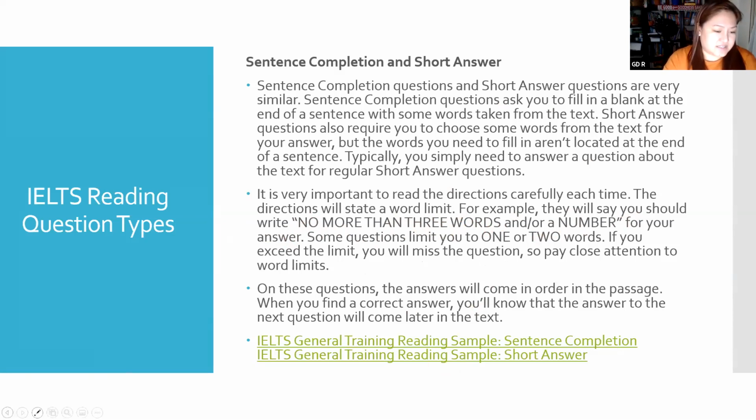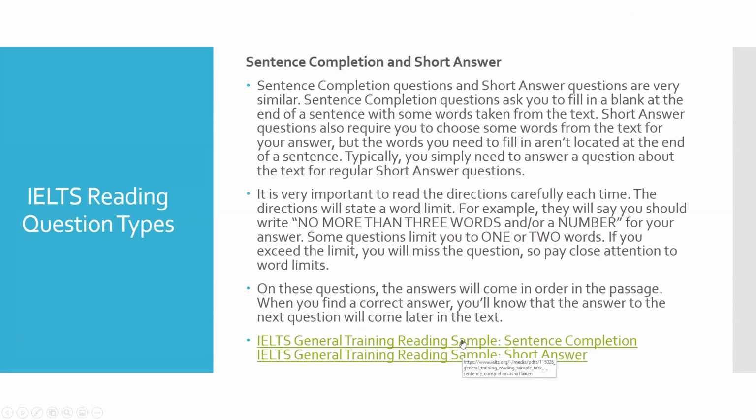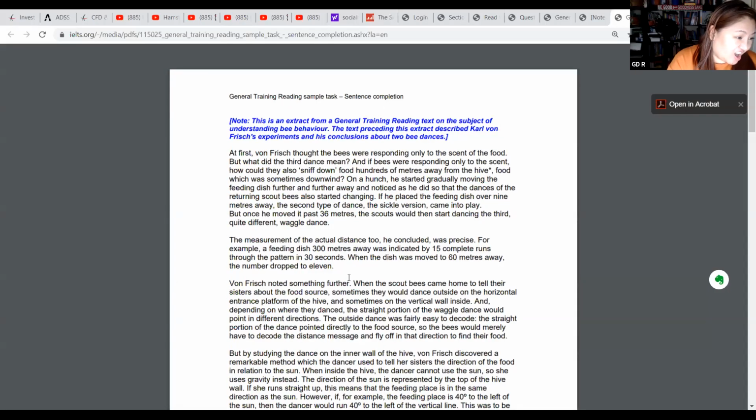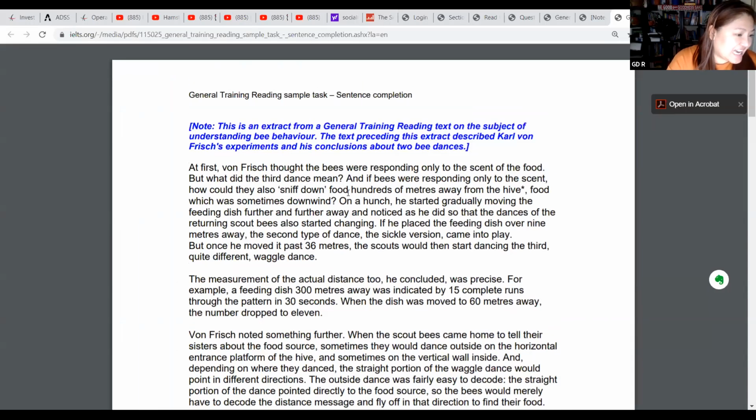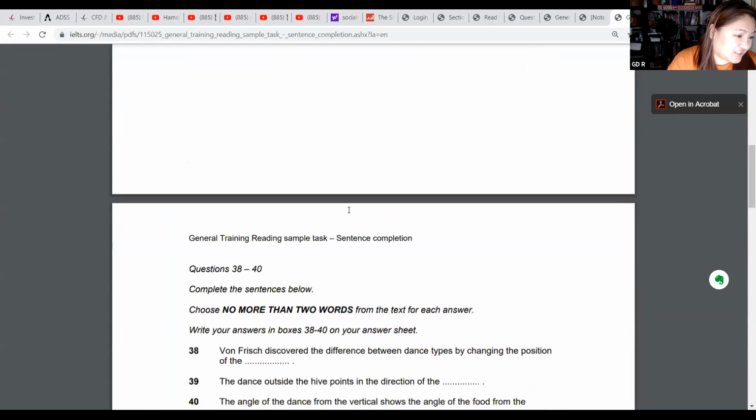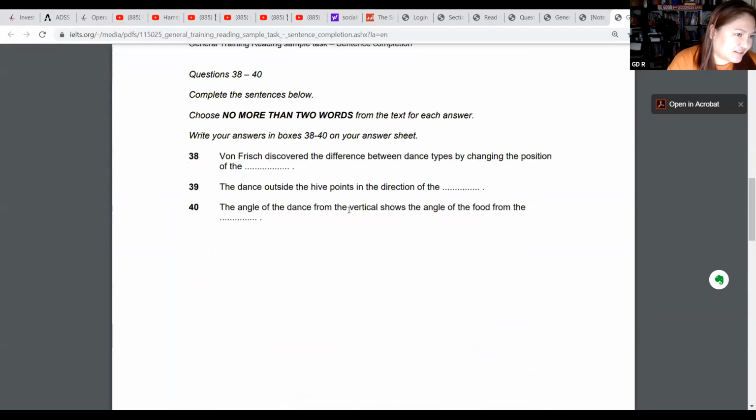So, let's see, what's the example? Sentence completion. So this is a bit long. Again, go straight to the questions. No need to start reading the passage. Go straight to the questions.